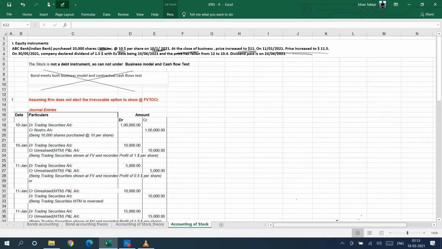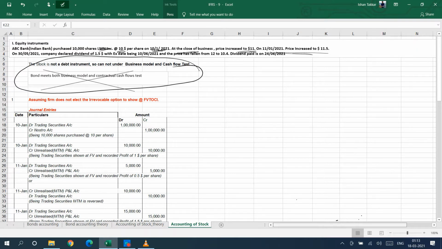As I just said, first we see that since it is an equity instrument, it does not go through the business model test, that is, which business you are in: if you are in a business to keep the asset and sit on it, or if you buy the asset but may sell it. And you don't need to judge whether the cash flows you will get from that asset are solely payment of principal and interest.